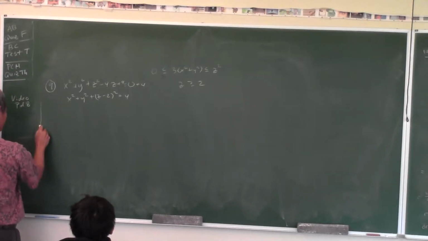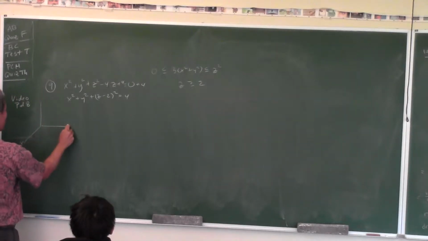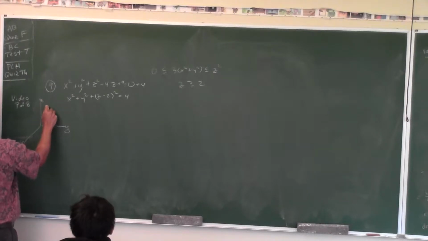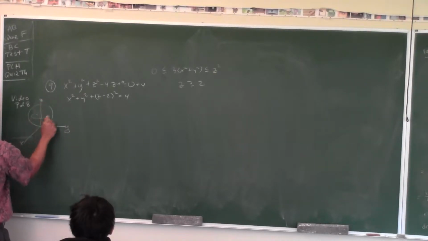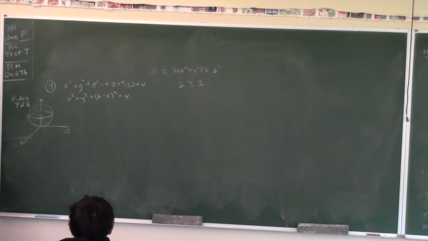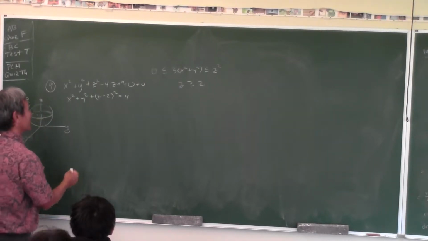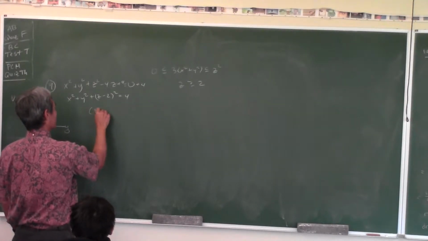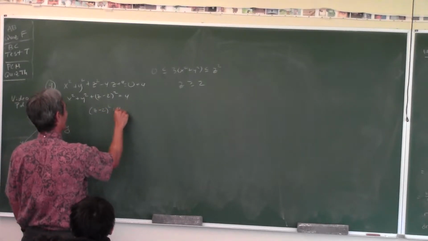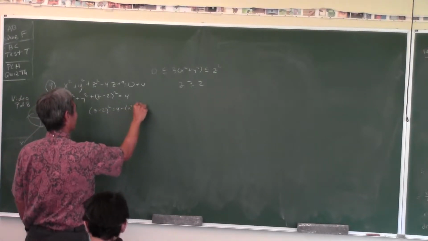So we're talking about a sphere like this. But now we need to solve for z. So how do you solve for z? Z minus 2 squared is equal to 4 minus x squared plus y squared.